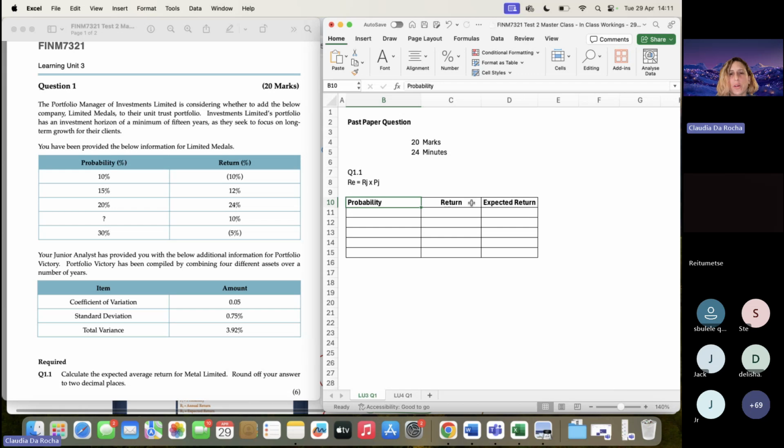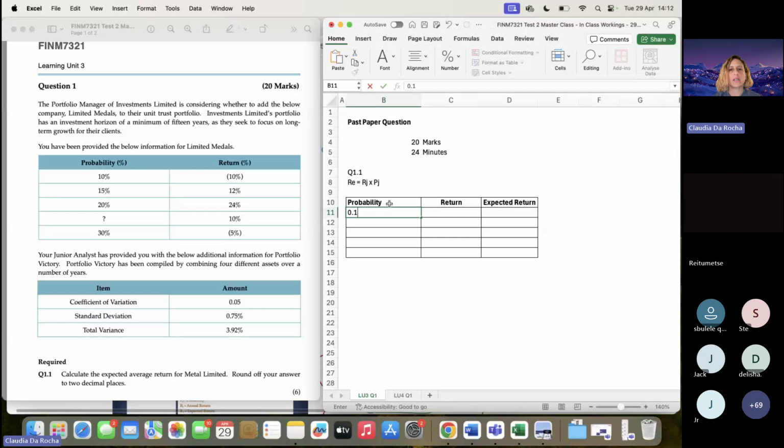So what is critical is you need to decide, and normally it's the probability, which one of these is going to be in a decimal format and which one's going to be a whole number, just so that you can get the right answer. I normally like to make my probabilities decimals.